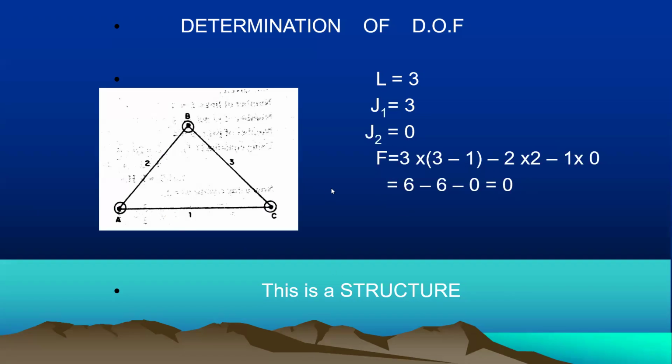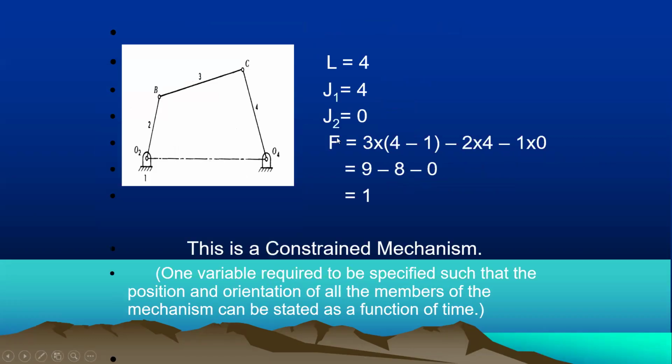Okay, but let's continue and learn more with other examples. Now we are given this structure right here. We have our ground, and we now start to name the links. This is link 1, this is link 2, this is link 3, and this is link 4. So our L is 4.